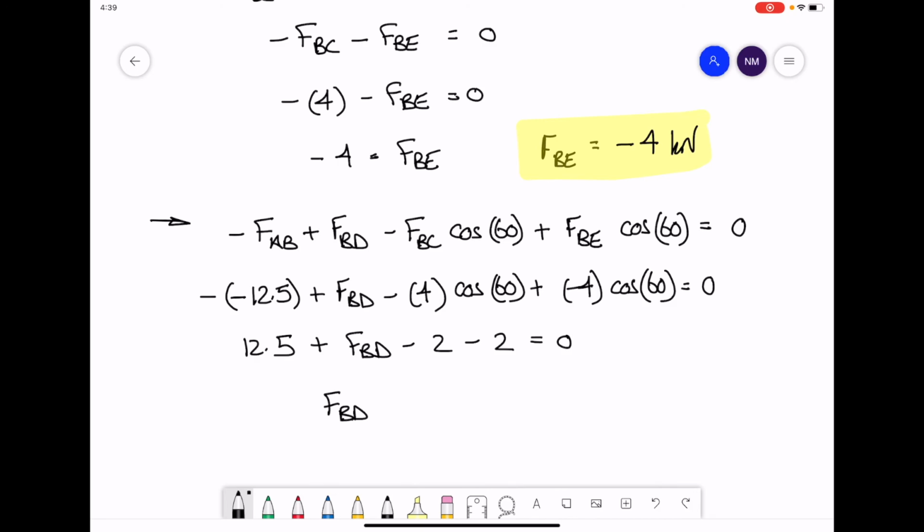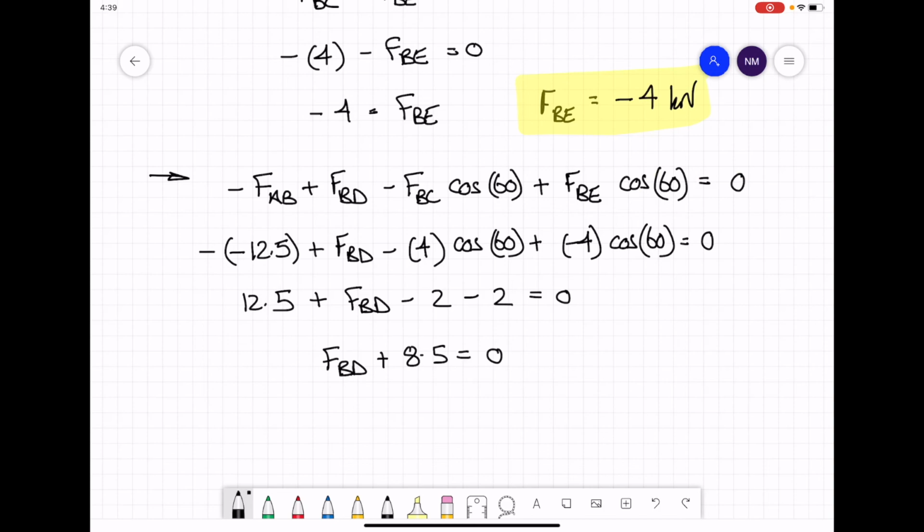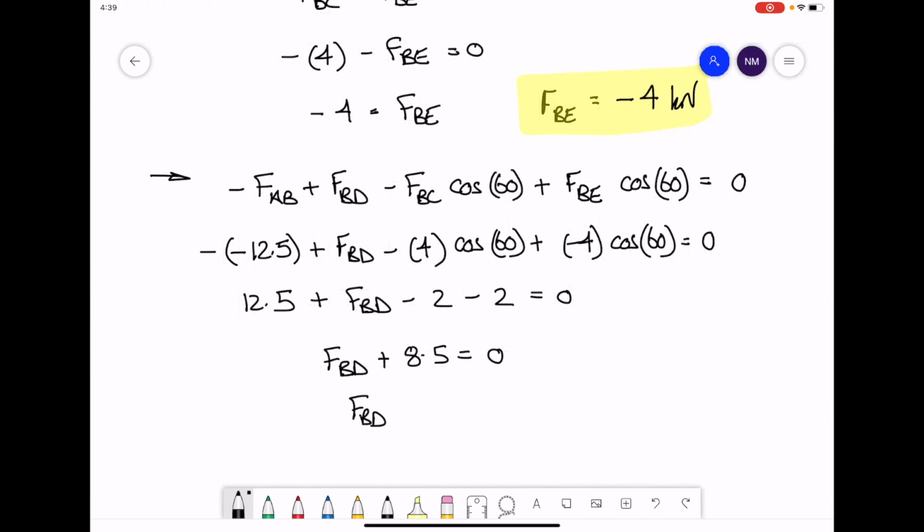Force BD plus 8.5 equals 0. Force BD is minus 8.5 kilonewtons.